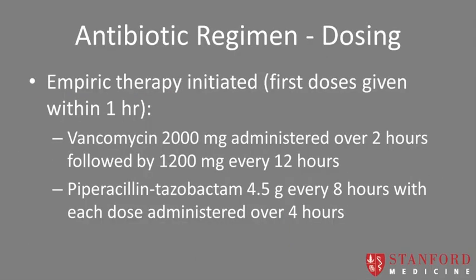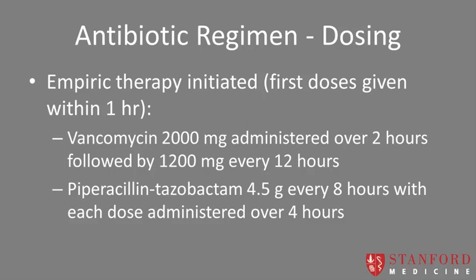Another element of managing this patient is to get the antibiotic into the patient as rapidly as possible. Current recommendation is to have a target of trying to get the first dose in within 1 hour of the recognition of severe sepsis.